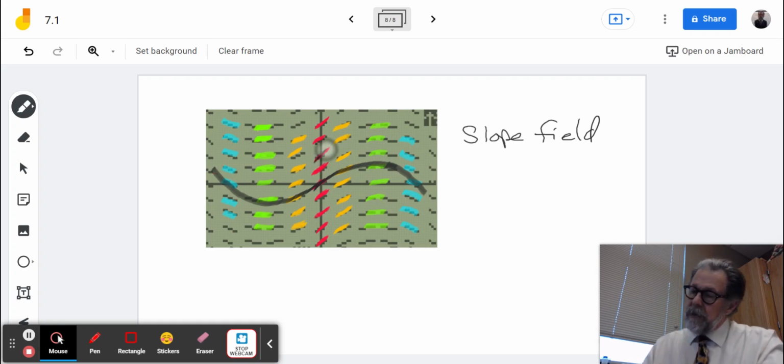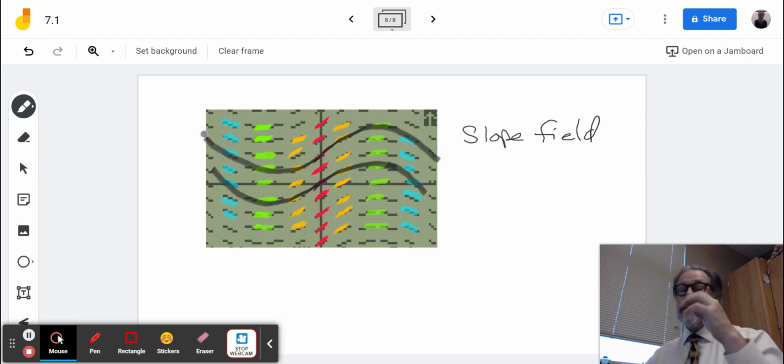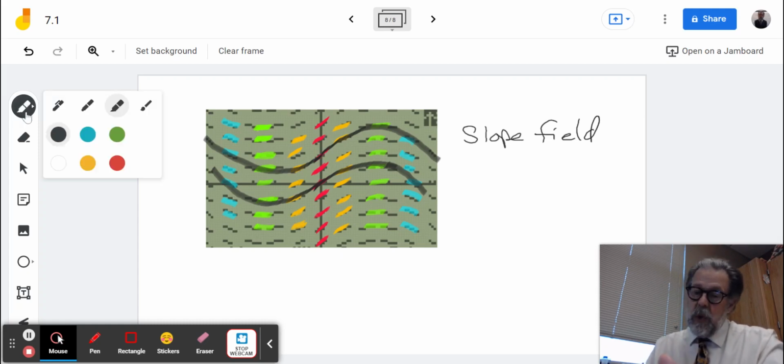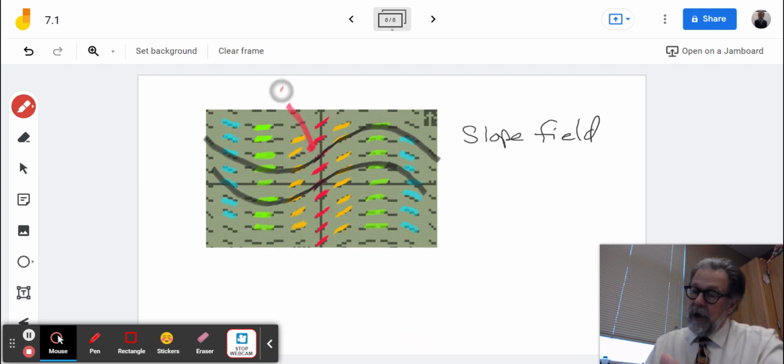We have a possible solution that looks like this. We can, given a starting point, start somewhere, let's say at 0, 2.